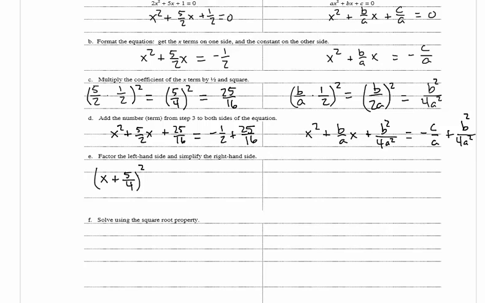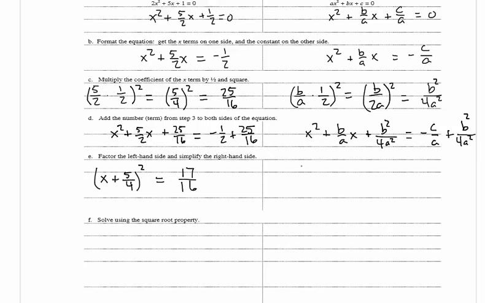And I got the 5 fourths from the number that we got by multiplying the coefficient in front of the x term times 1 half. And this is equal to negative 1 half plus 25 over 16. 1 half can be written as 8 over 16. So we have 25 minus 8 is 17. So we have 17 over 16.